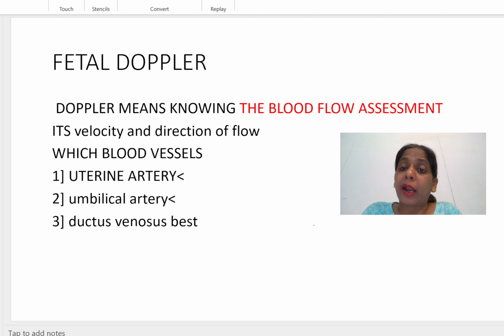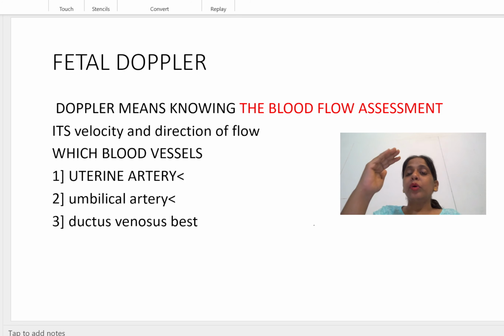We are not going to assess each and every artery of the fetus; we have to see the important arteries. First of all we can see it in these 3: uterine artery, umbilical artery and ductus venosus. These are the 3 important arteries which will tell us about fetal well-being.